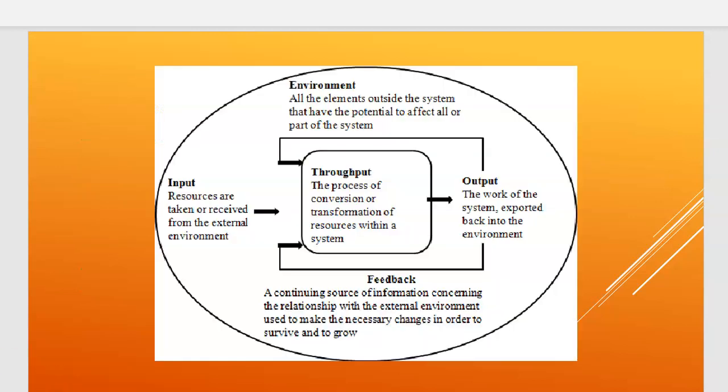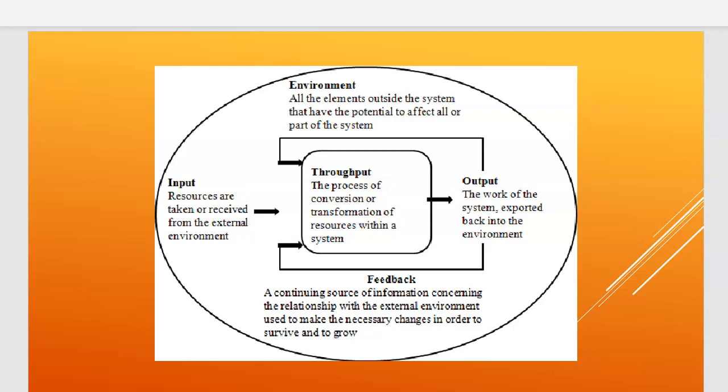So here is a diagram of a social system. The circle represents the boundary of the social system. And remember that boundary can be very tight and closed, or it can be more permeable, where the energy exchanges within and without the social environment.